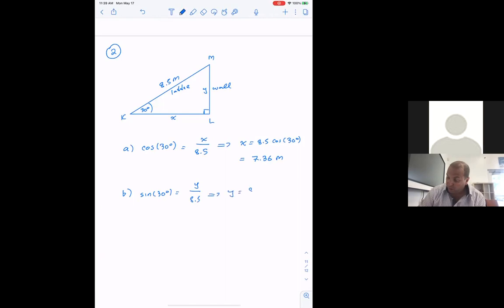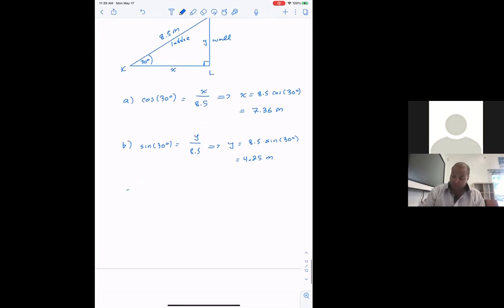So y equals 8.5 sine of 30 degrees. And on your calculator, you get an exact 4.25 meters because sine 30 degrees is equal to a half, for reasons that aren't important right now, but it's one of those things that we should certainly know. So the ladder reaches up 4.25 meters.